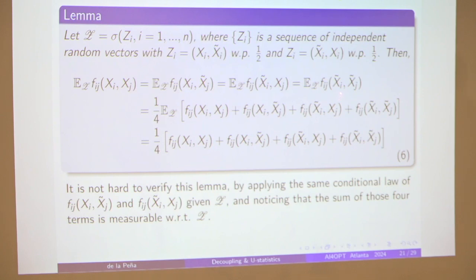Then you use the trick that I used here to prove that this is equal to 1/4 of the sum of the f sub ij of xi xj. So this was the most difficult part of the proof, to extend the case of IID to the case of bivariate functions. I'll show you the full proof based on this in 5 minutes.